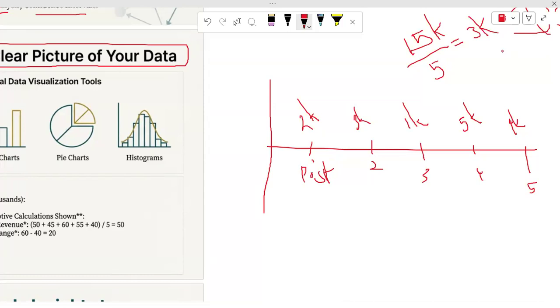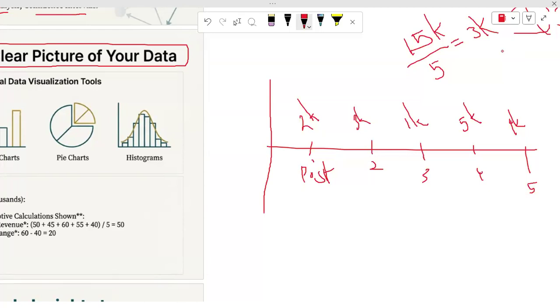And what is the maximum likes you may receive for your post? 5K. Very good. And minimum? 1K.